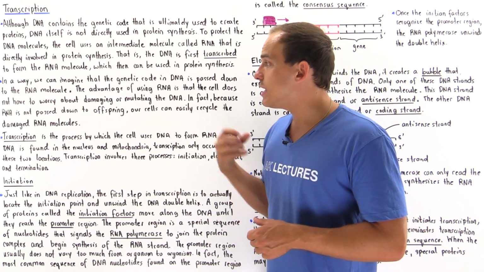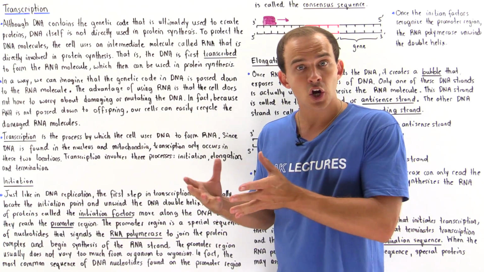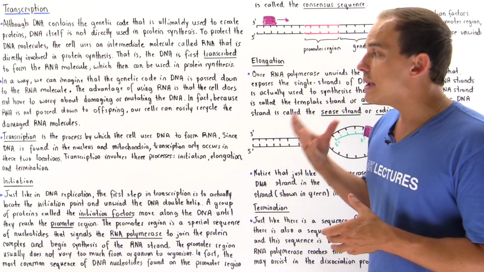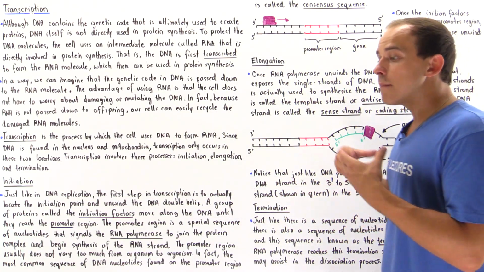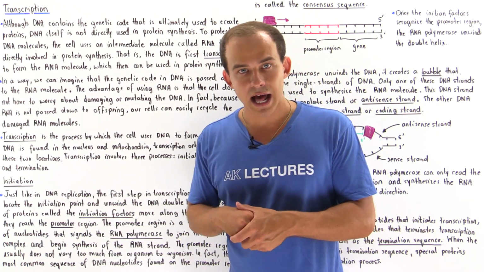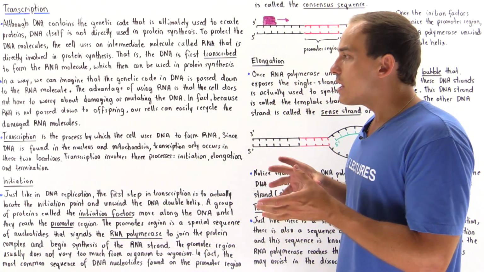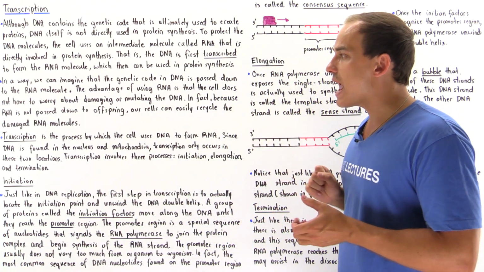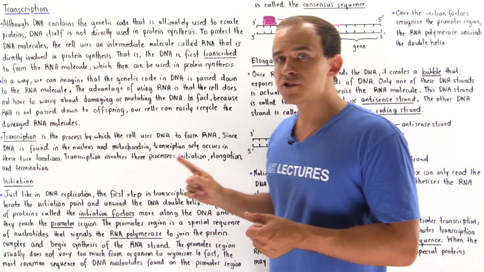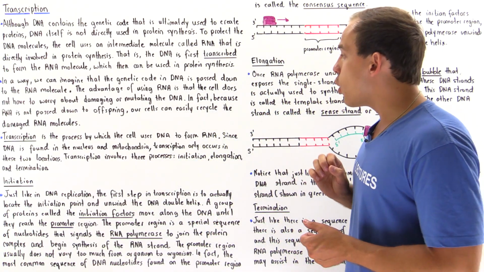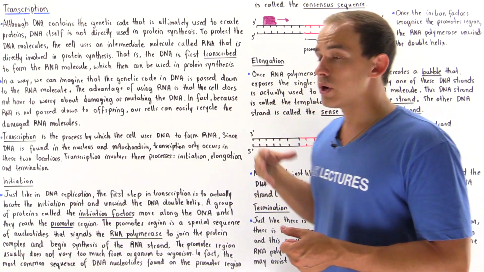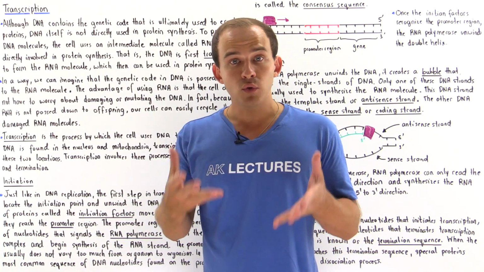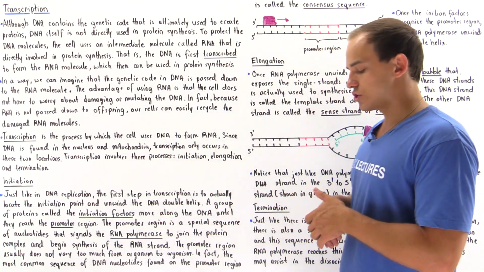And by using these RNA molecules, we ensure that the DNA decreases the opportunity to damage itself. So we see that because our RNA is not passed down to the offspring, our cells have no problem recycling and breaking down the damaged or mutated RNA molecules.